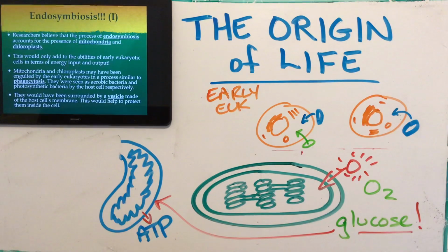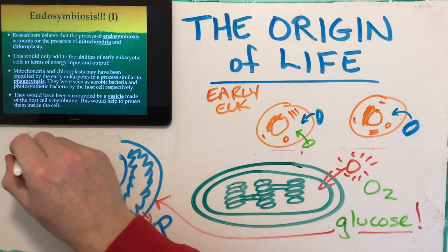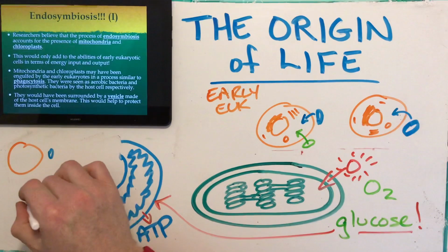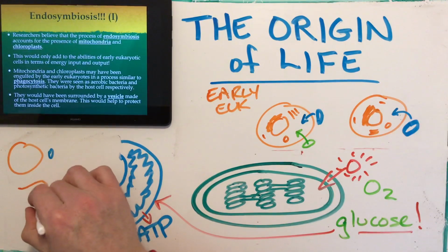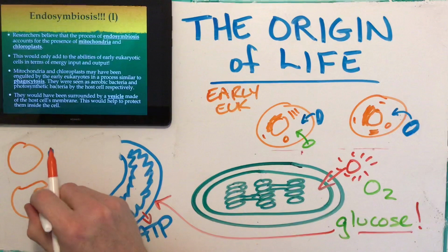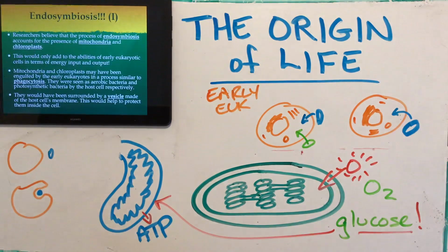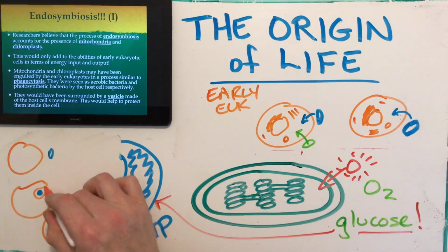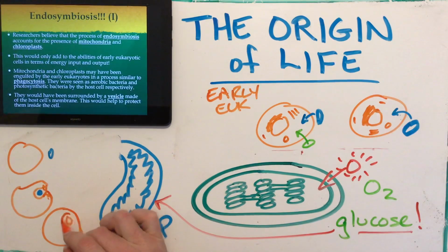So basically, if I draw that very quickly, there's this. That's our cell. There's our mitochondria. The cell would reach out and engulf this thing like that with extensions of its cytoplasm. And then these two arms, these pseudopods, would eventually connect together and fuse, and now we have this part of the membrane right here.